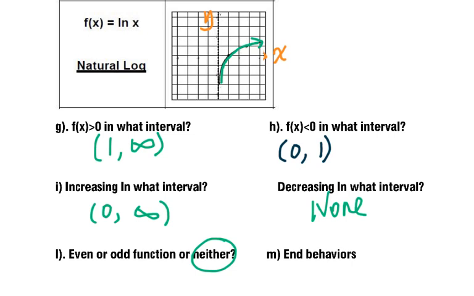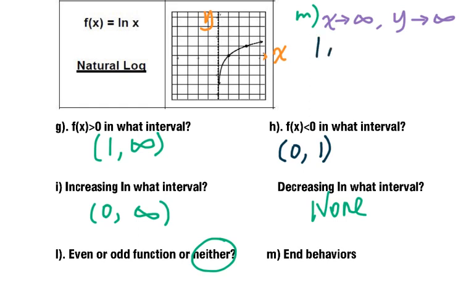So for the end behavior now, as x goes to positive infinity, then y will go to positive infinity too. Since x cannot go to negative infinity, we don't have to work on that part.